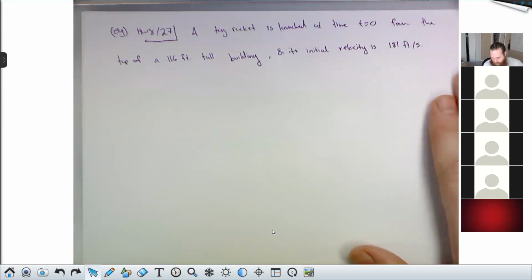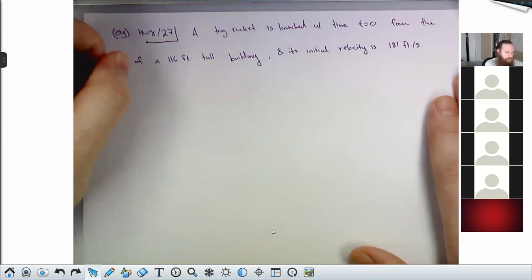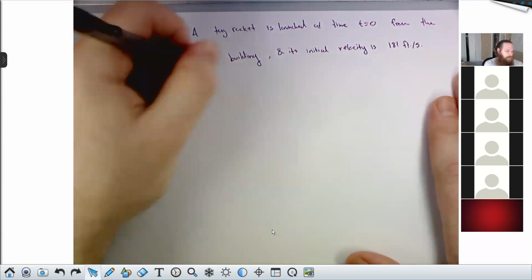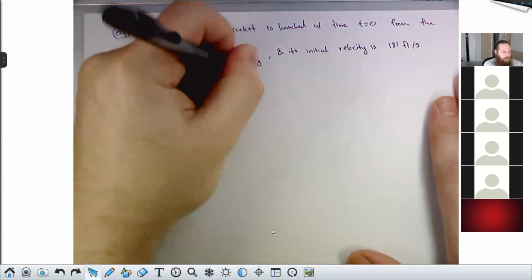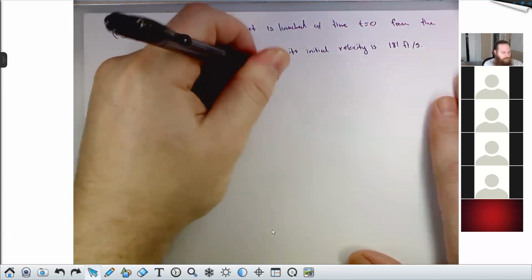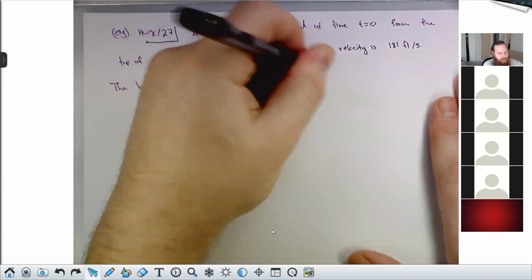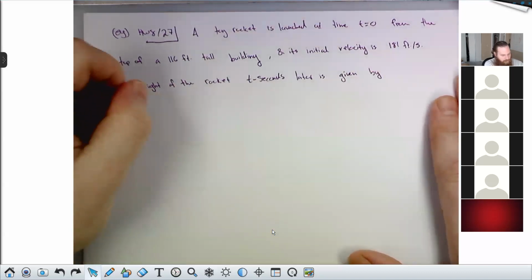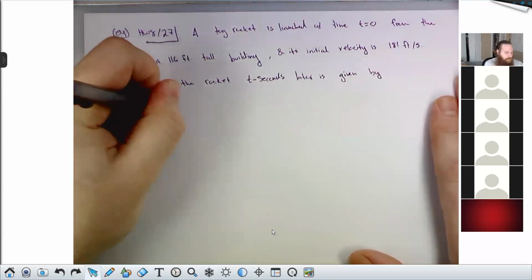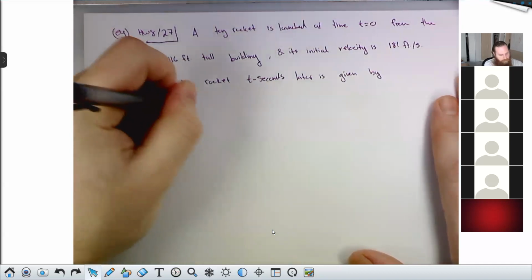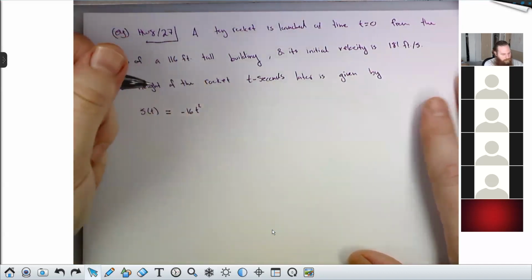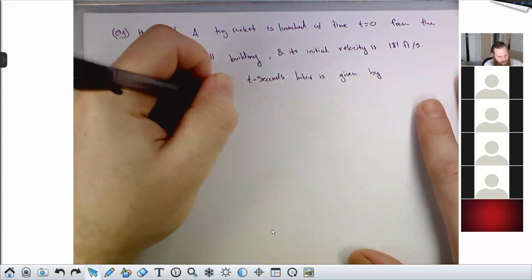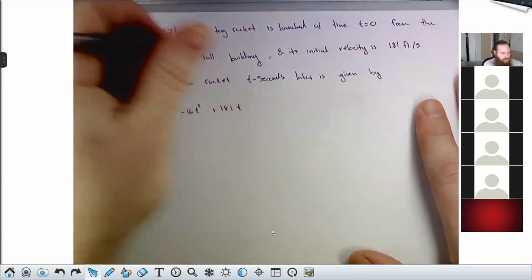They tell me that the height of the rocket t seconds later is given by the function, we call it s of t, which is a pretty common notation in physics: negative 16t squared plus 181t plus 116.